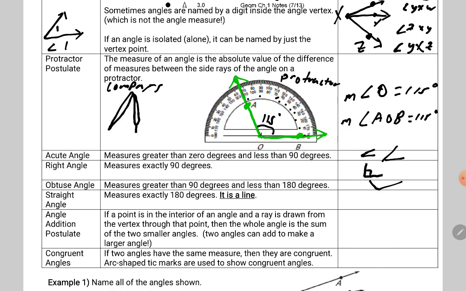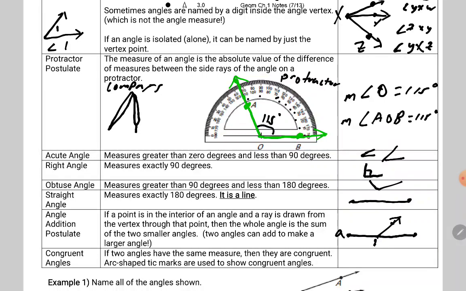Straight angle. A straight angle is exactly 180 degrees, and that's a straight line. Angle addition postulate is the same thing as the segment addition postulate. I can add two angles together to make a big angle.